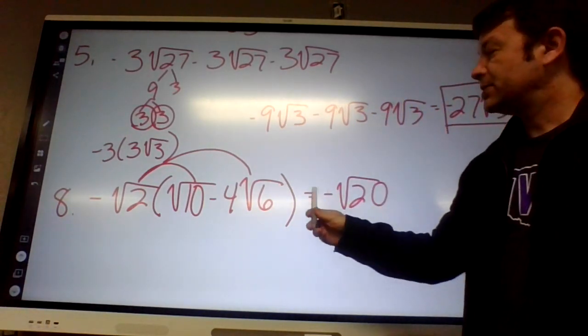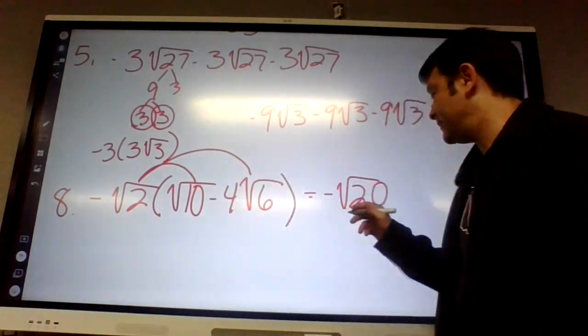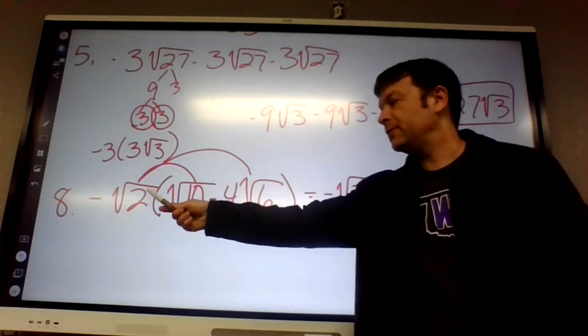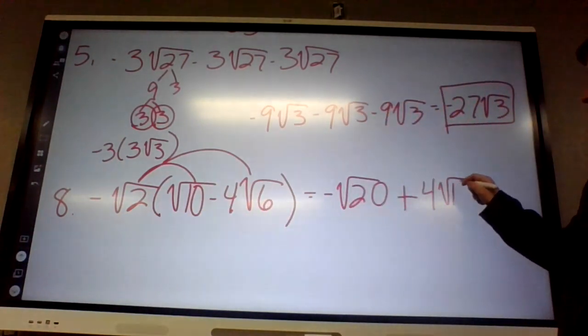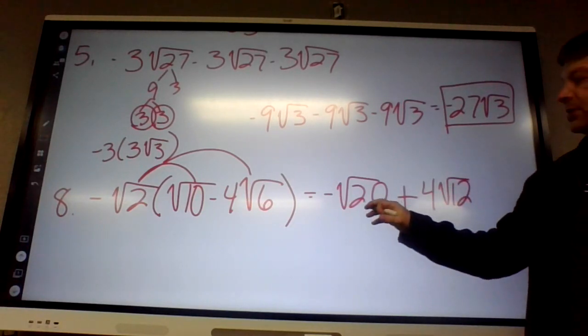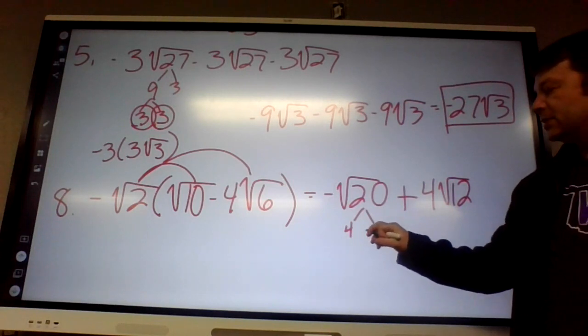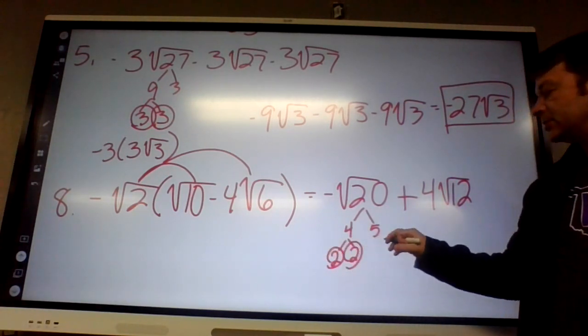Yes. So the square root of 2 times square root of 6, that can multiply. A negative times a negative is a positive. And then that would be 4 square root of 12. Can I do anything else? Yeah, 20 and 12 both have some 4s in them, so that means they have double 2s in them.